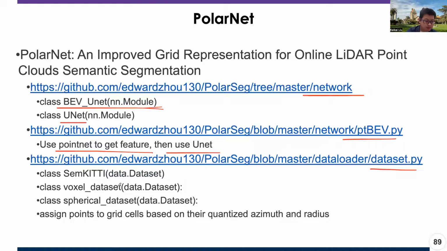In the dataset part, you have the SemanticKITTI dataset, Voxel dataset, and spherical dataset, and you also have spherical assignment, which assigns the points based on their angles. So this is the dataset part.